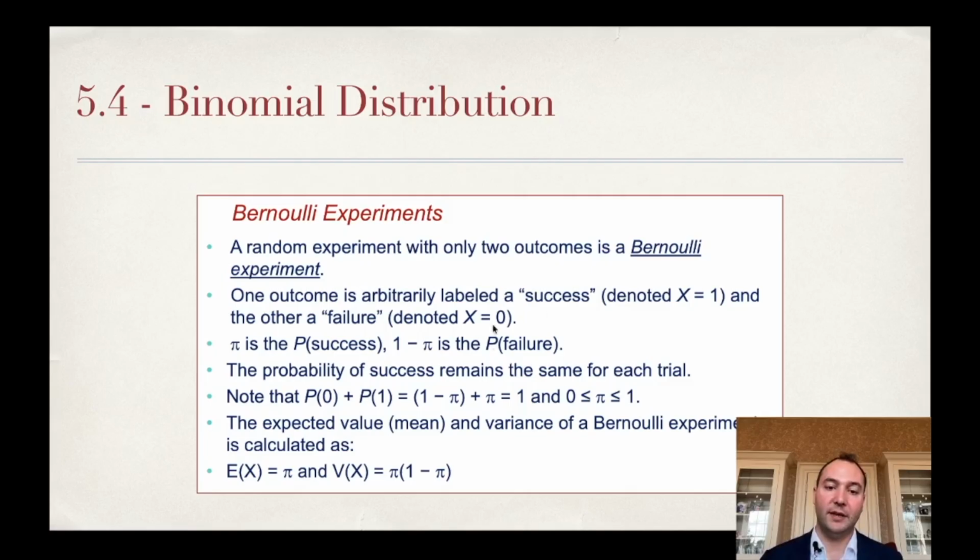So the probability of a failure and the probability of a success equals 1. Each probability has to be between 0 and 1, or it could be equal to either one. The expected value and the variance of a Bernoulli experiment can be calculated as follows.